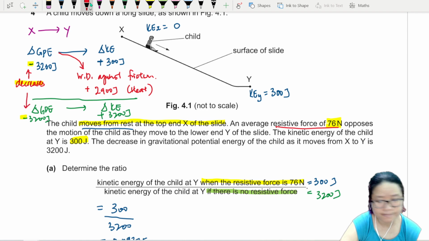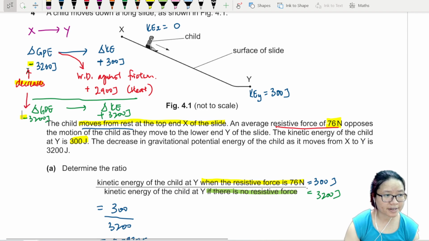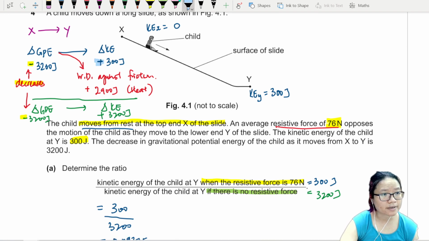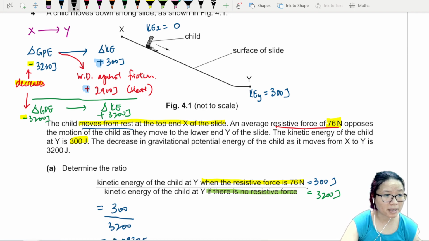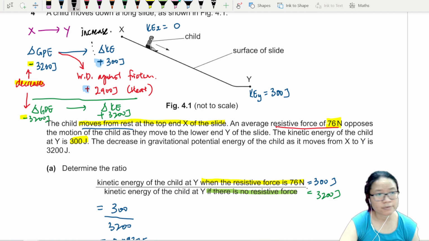Negative here because GPE is decreasing. I'm going to put a positive here to show that KE is increasing. Heat energy also increasing. The butt is getting hotter and hotter. Increase. So that the equation makes sense.